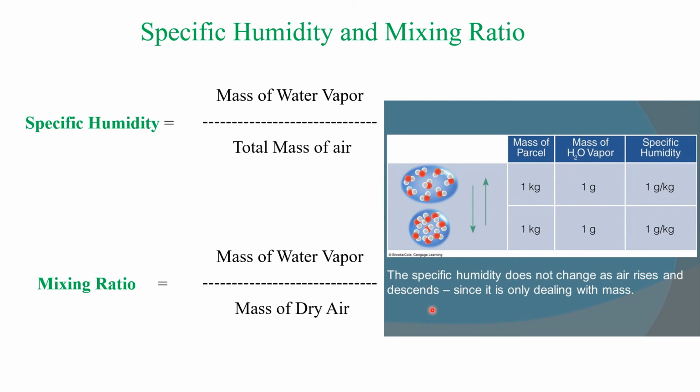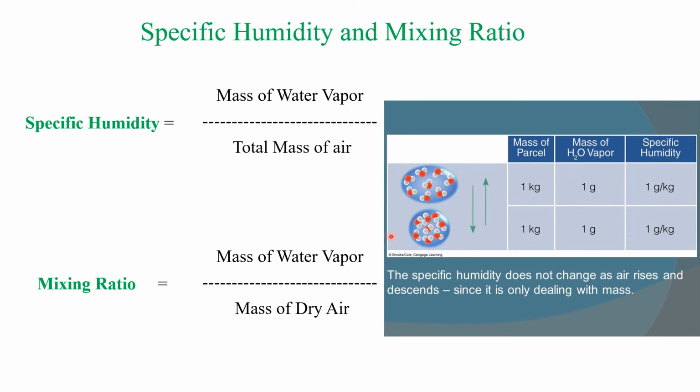But you see that the specific humidity does not change as air rises and descends. Why is that? Because we are talking about the mass. If you go up or come down, it doesn't matter. Mass of the air does not change because it does not involve the volume.